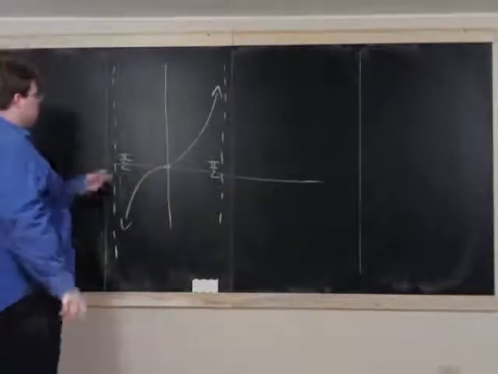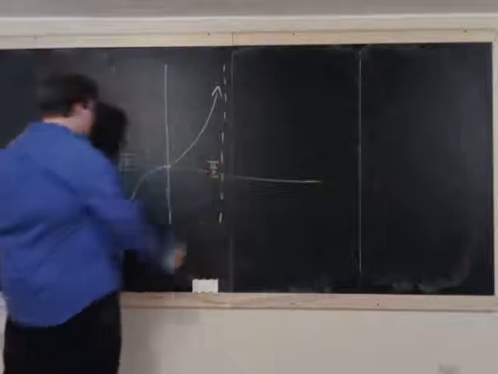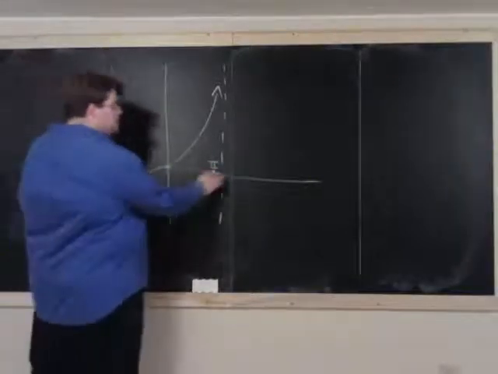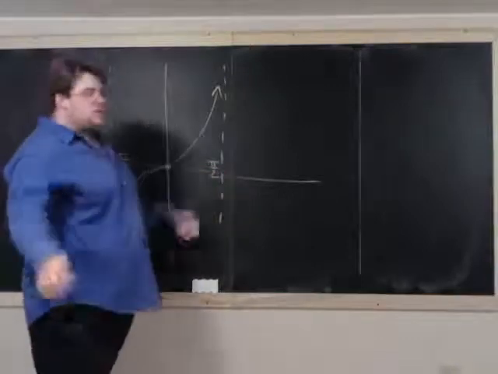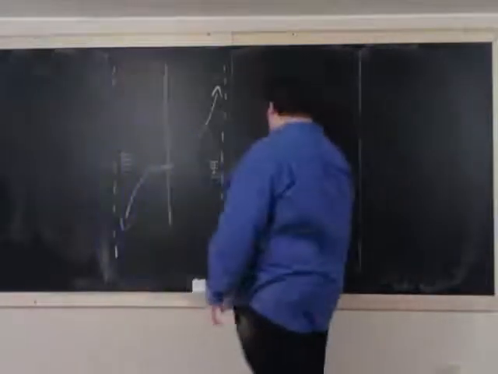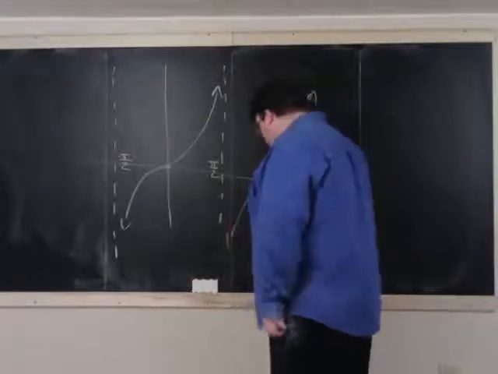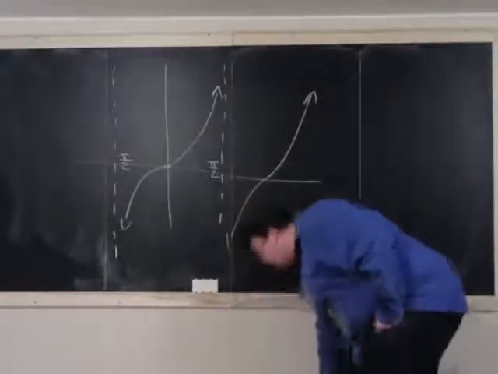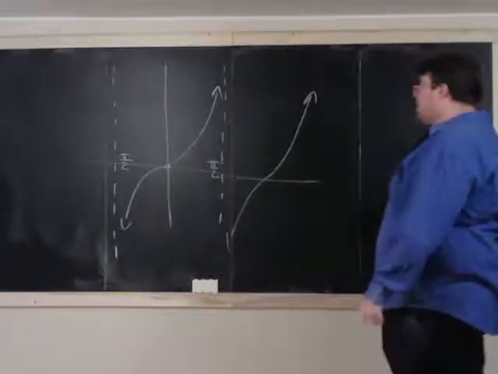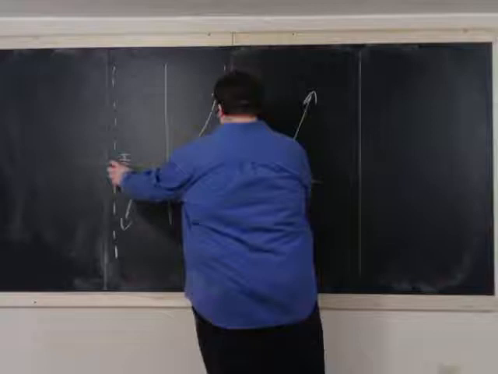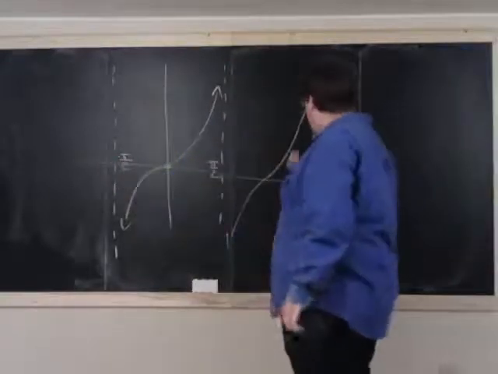First thing you'll notice is that tangent exists in an interval of length pi, negative pi over 2 to pi over 2. Well, one piece of it exists in an interval of length pi. And then it starts repeating itself. So with sine and cosine, which repeated themselves after 2 pi units, tangent is going to repeat itself every pi units.